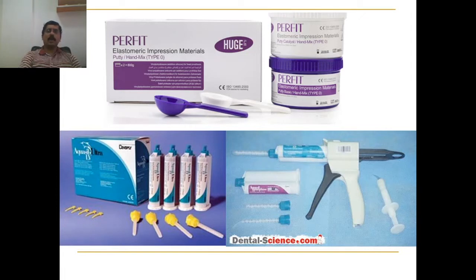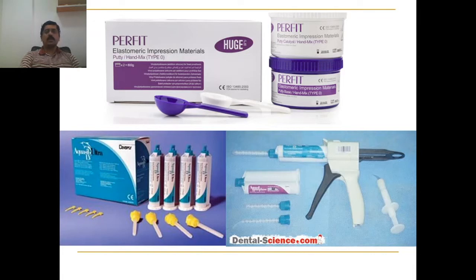Okay. The only thing that we have to keep in mind is that while we are using a gun, for the first time when we are using a collapsible tube, the first few materials, say from here to here, we have to eject. It is called bleeding, because at that area the mixing will not be proper.